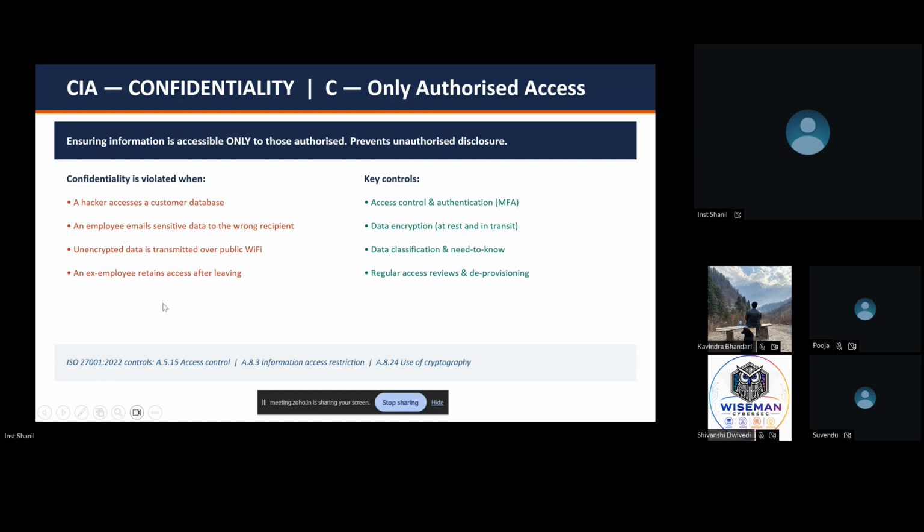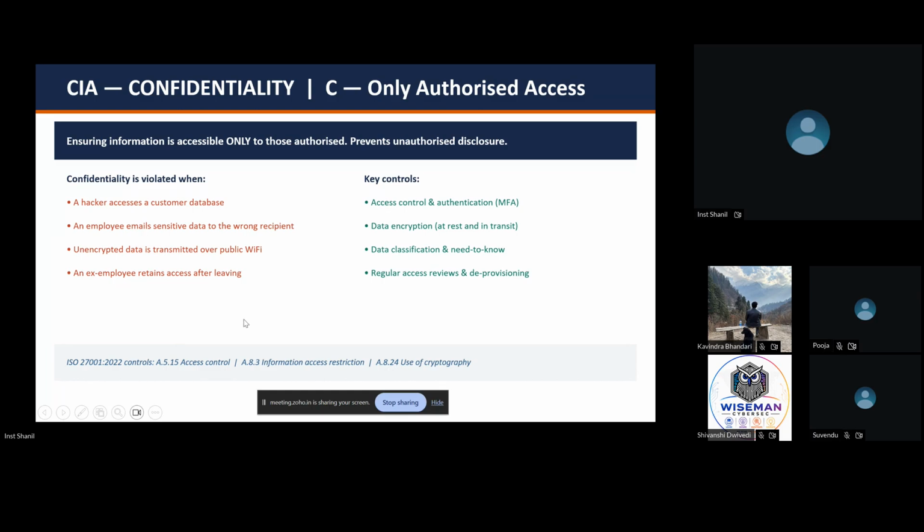See, the total controls, can we cover it? Actually, how many controls are there and the categories? We'll cover everything. There are 93 controls in ISO 27001. We'll be reading each and every control in detail. Okay, because this A.5.15 access control, it is there in clause 5, and A.8.3 would be under clause 8.